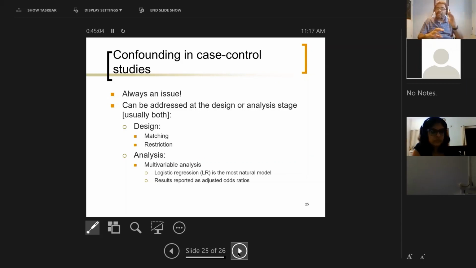And here is the adjusted odds ratio, which the multivariable analysis will give you, right? So I've done case control study analysis using logistic regression, very easy to do with statistical software. So long as I have information on all the confounders or covariates, it's pretty standard to do this kind of analysis and report that in the paper.